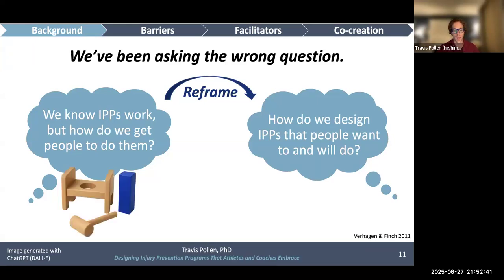So instead of trying to retrofit the program to the athletes into their environment, like a square peg in a round hole, we should be designing it with the intended users in mind from the beginning. And there's actually a name for this paradigm, which is called implementation science. This is an entire field that is dedicated to translating research to practice. We can apply a lot of the lessons from implementation science to this injury problem.